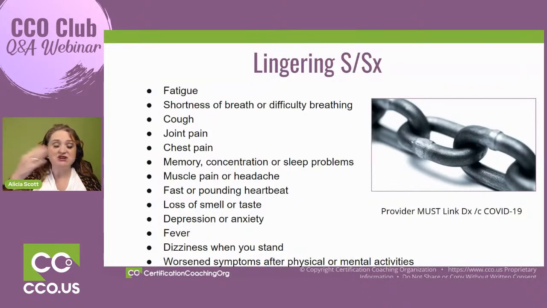And then they changed that, right? So again, all of these are signs and symptoms that have been associated with lingering after COVID-19. However, without that thread from the provider, that verbiage, then we don't link them.